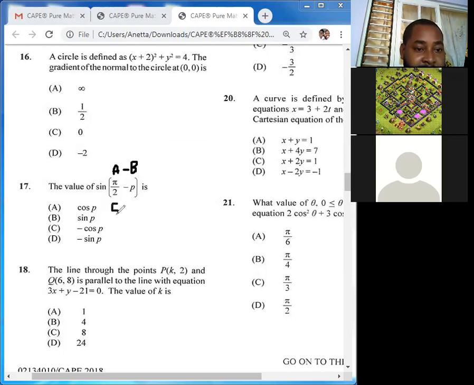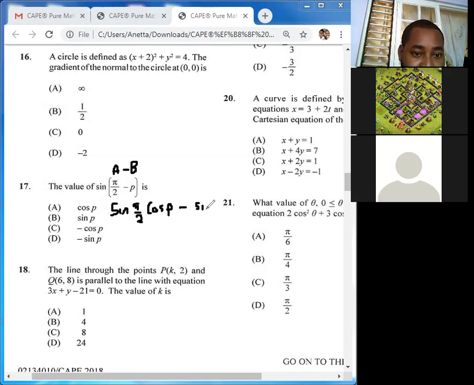So it's going to be sine A cos B, whatever sign is here, the same sign is minus, and then switch them: sine B cos A.